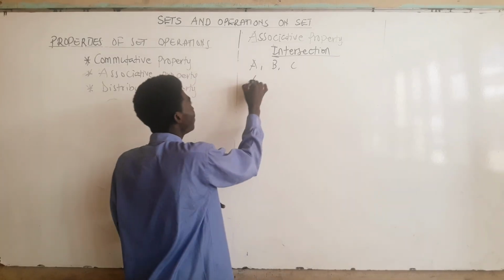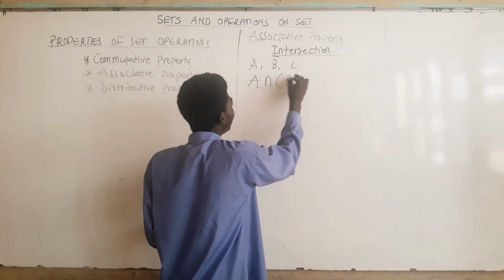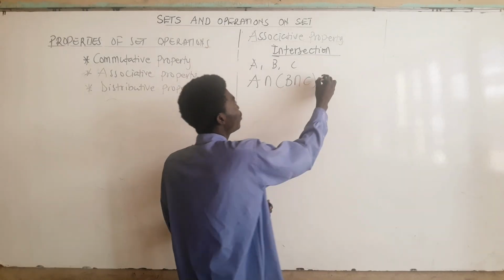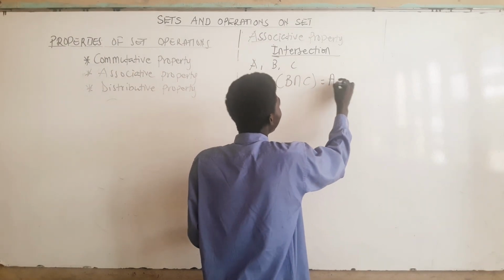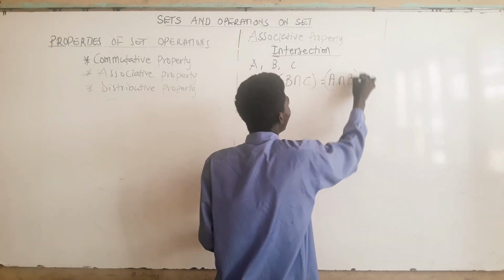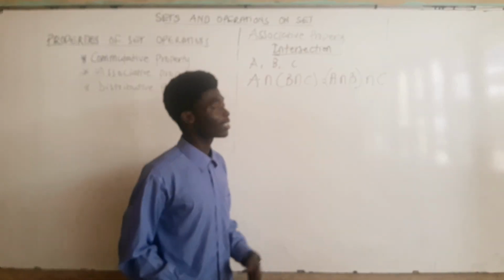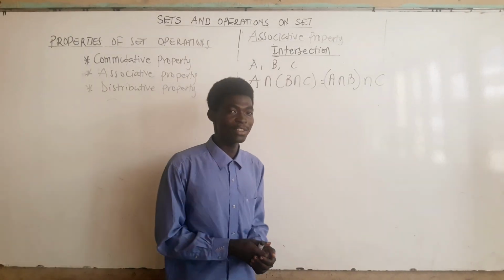So A intersection B intersection C should be equal to (A intersection B), in one bracket, intersection C. So this is what we are talking about under the associative property.